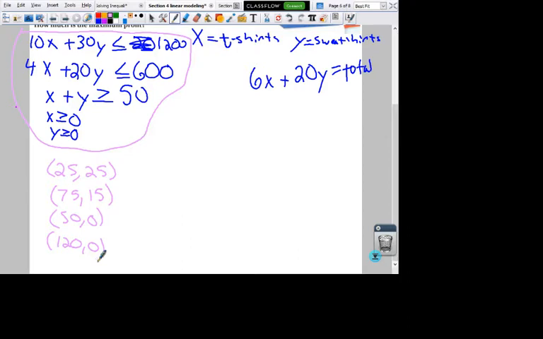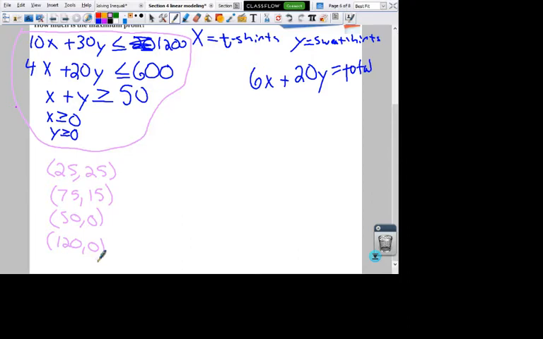I think it's 120, 0. Look at my graph. It is 120 or 50. Yeah, you guys missed the point.